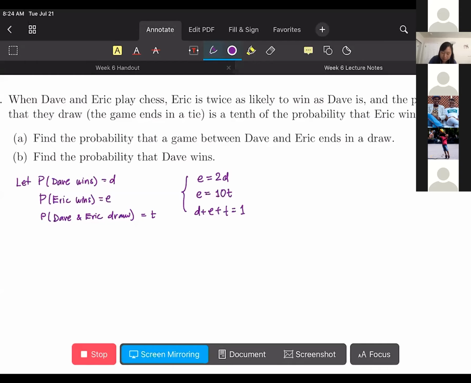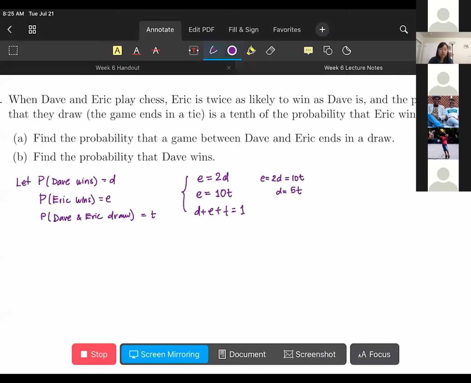One way we could do this is substitution. So we could say E equals 2D, which equals 10T. So then D equals 5T.